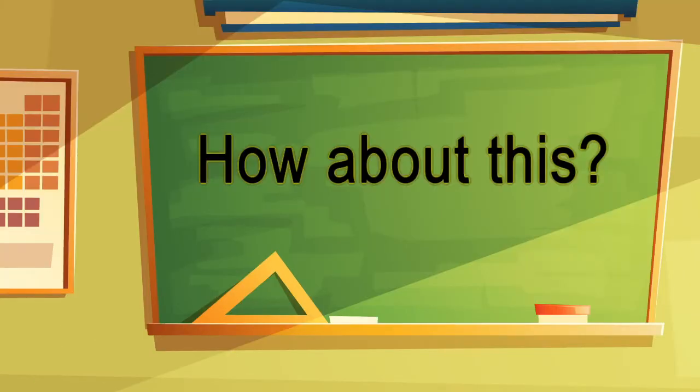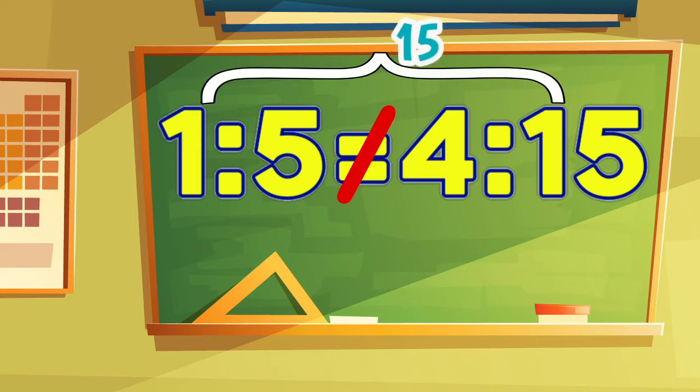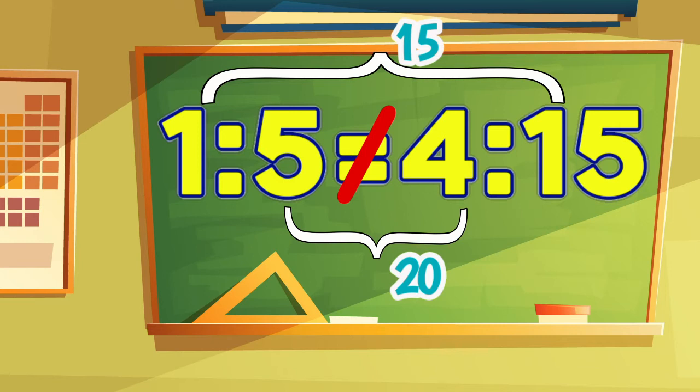Now how about this? Is 1:5 in proportion with 4:15? No, they're not. 1:5 is not proportionate with 4:15. This is because the product of their extremes and the product of their means are not equal.